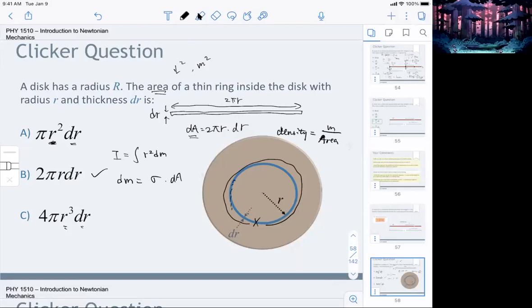Here it is mass over area, mass over the entire area of the disk. So the density is m over the area of a disk, which is pi r squared. dA is this 2 pi r dr. Okay, so that's my dm, right? Makes sense?